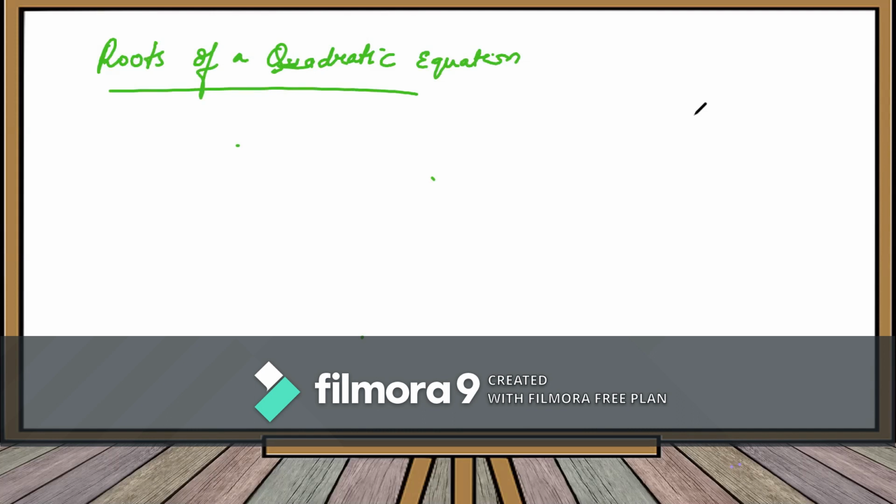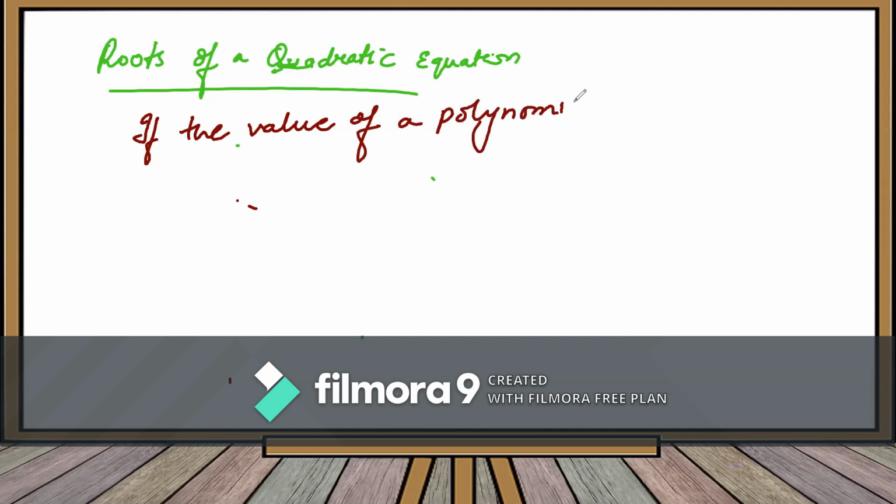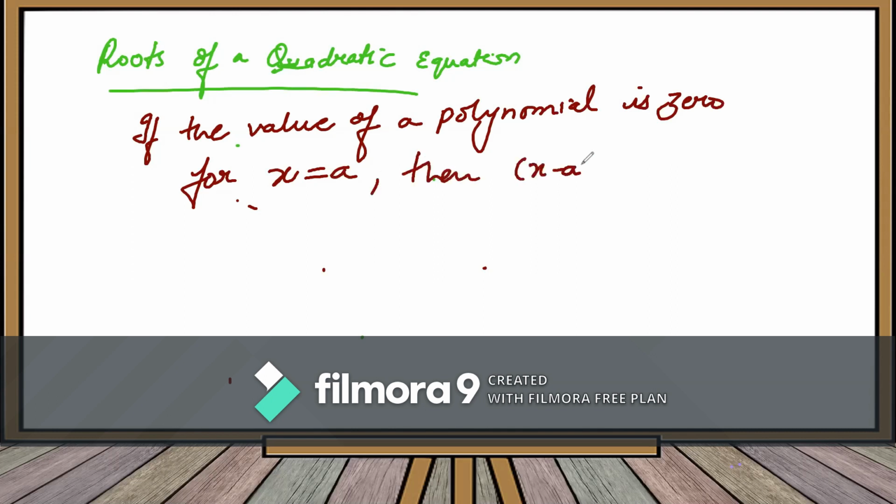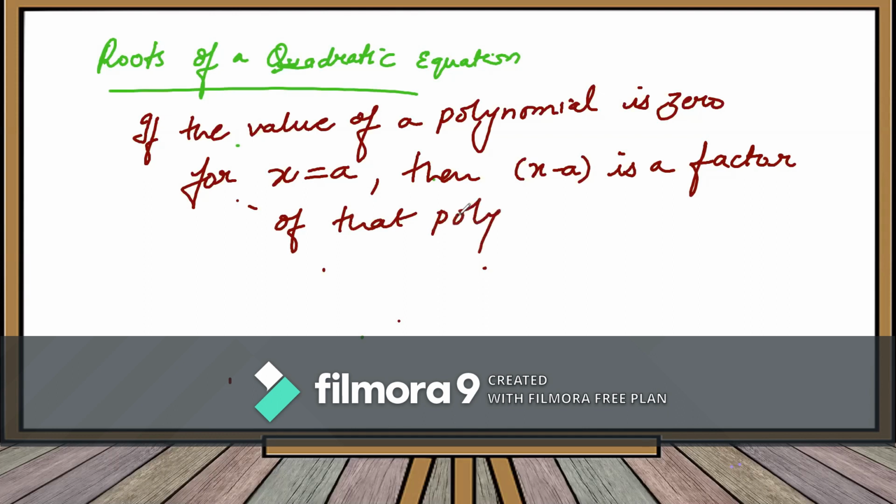If the value of a polynomial is 0 for some value of x, let it be x equal to a, then x minus a is a factor of that polynomial.